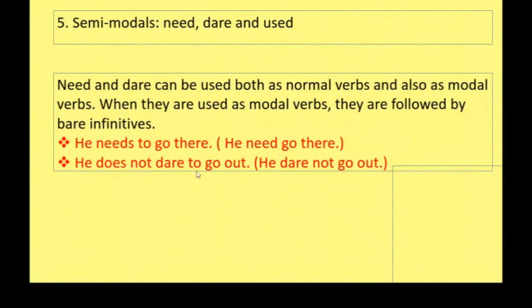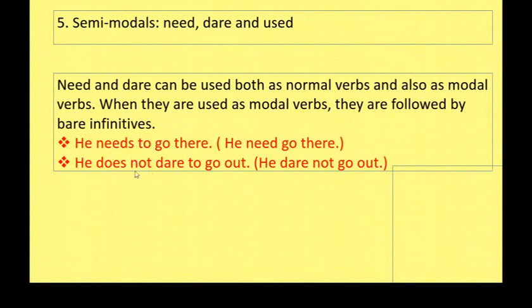He does not dare to go out. And if we use this as modal, he dare not go out. Here does not. If we use the word dare as normal verb, then normal rules will be followed.